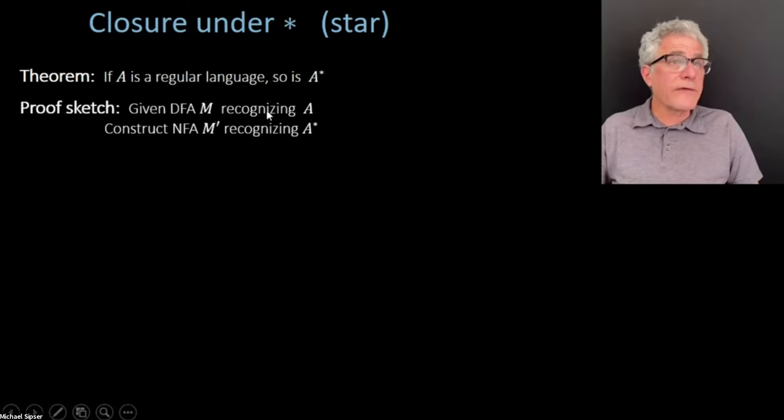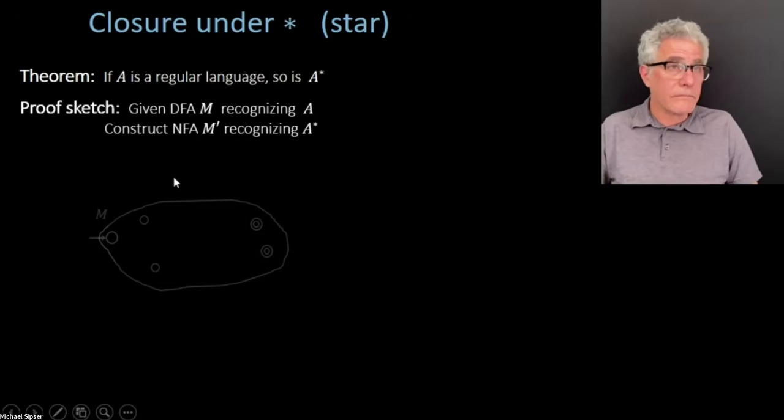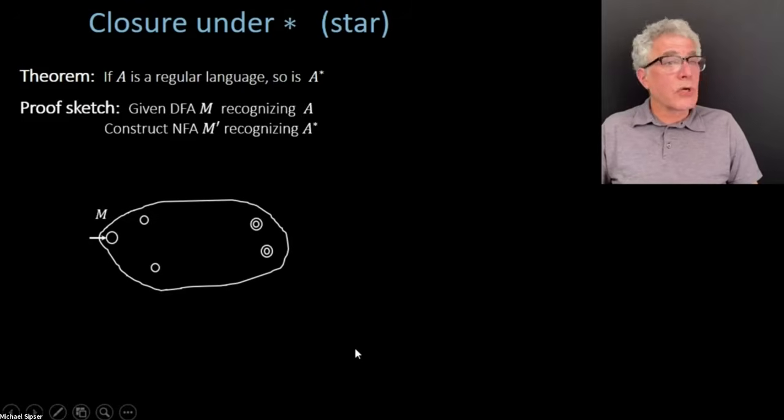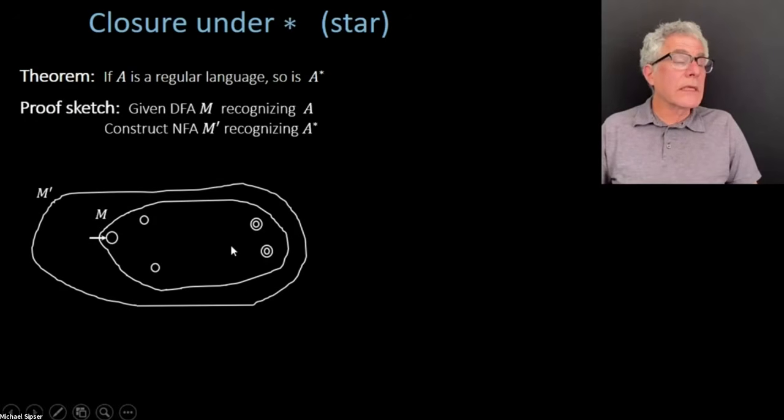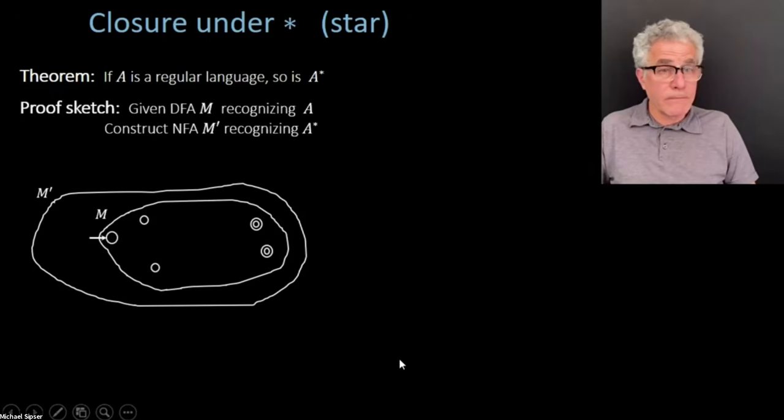So if we have a DFA recognizing A, in order to show that A star is regular, we have to construct a machine that recognizes A star. And the machine we're going to construct is, as before, an NFA. Okay? So here is M, the DFA for A, and we're going to build an NFA, M prime, that recognizes A star.